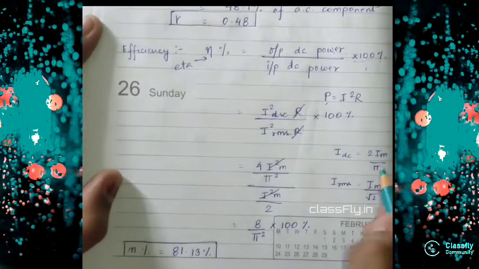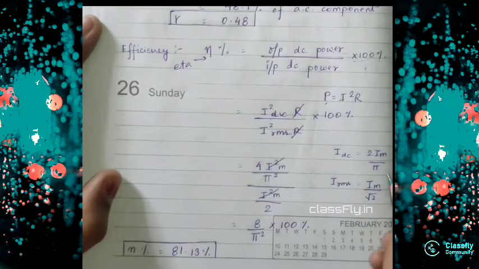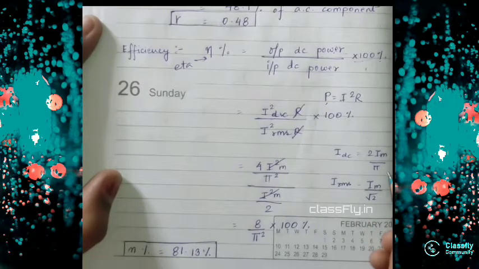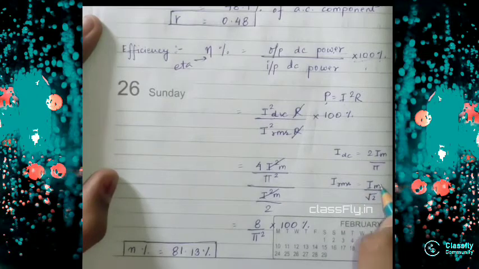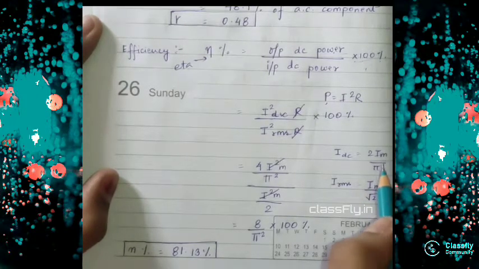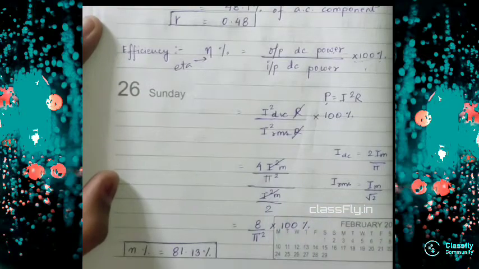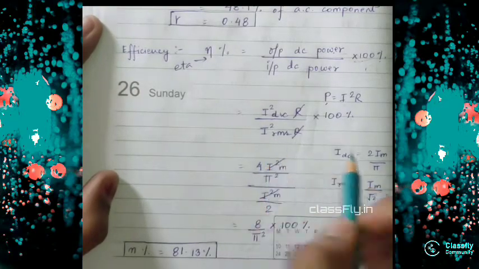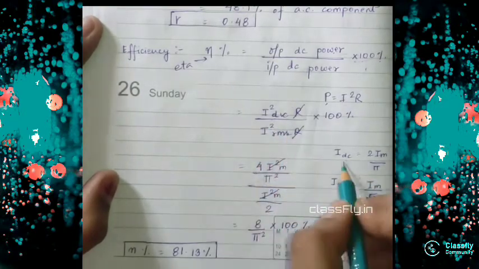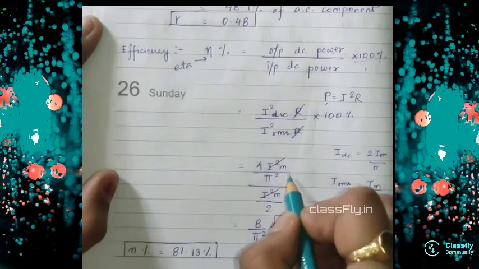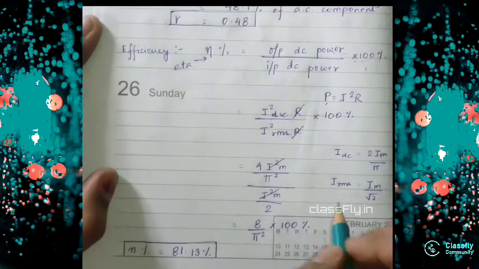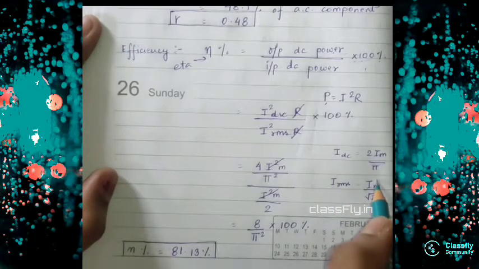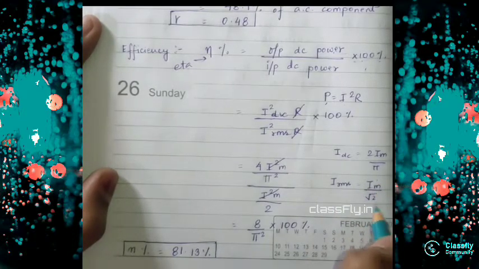We know that IDC is equal to 2Im by pi. We did this in part 2 of the full wave rectifier. And IRMS is equal to Im by root 2. Now we put these equations here. The square of IDC gives 4 I squared m by pi squared, and I squared RMS gives I squared m by 2, because the root and square cancel.